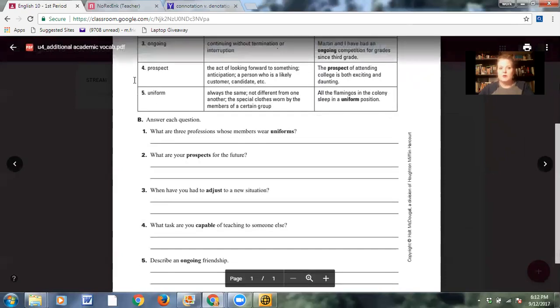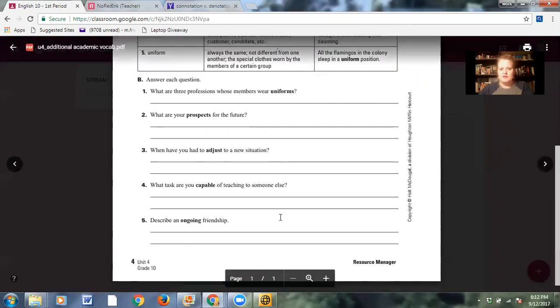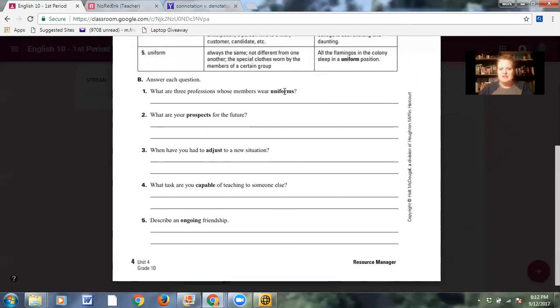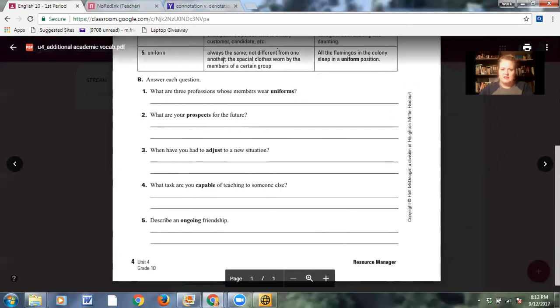After you review part A, look at part B. You've got 5 questions. I don't think there really is a wrong answer because these are about you. You are analyzing or you're applying the definitions of these academic vocabulary words to yourself.